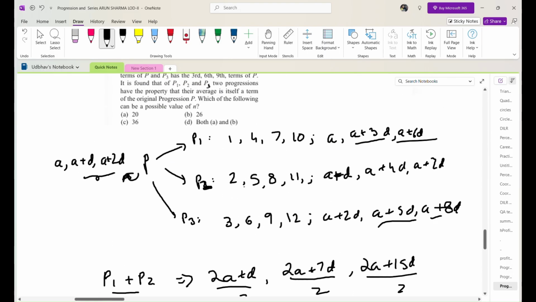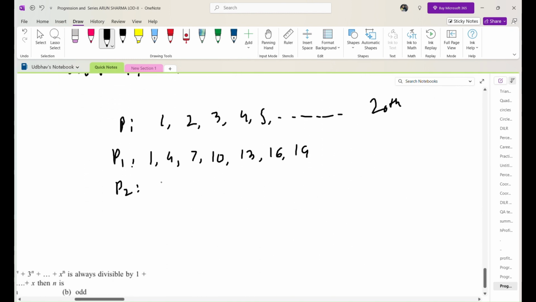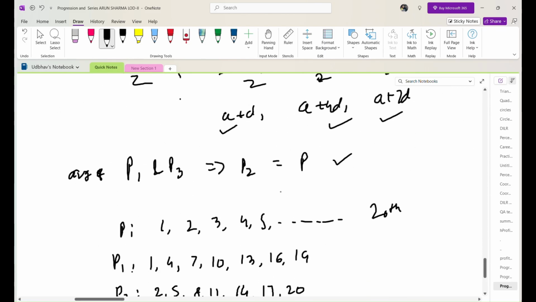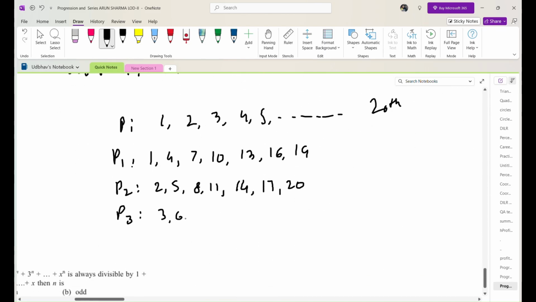P2 will be the second term, fifth term, eighth term, 11th term, 14th, 17th, 20th. P3 is the third term, sixth term, ninth term, 12th term, 15th term, 18th term.